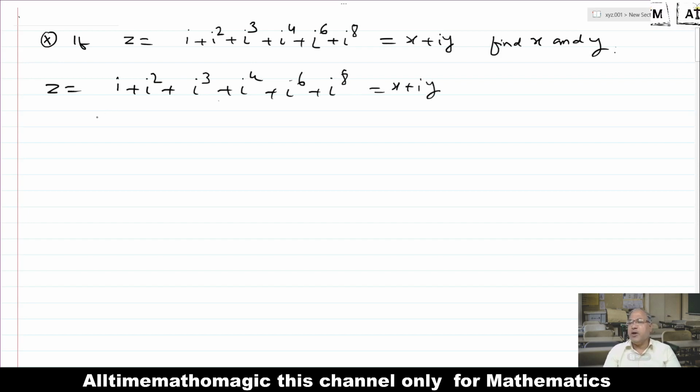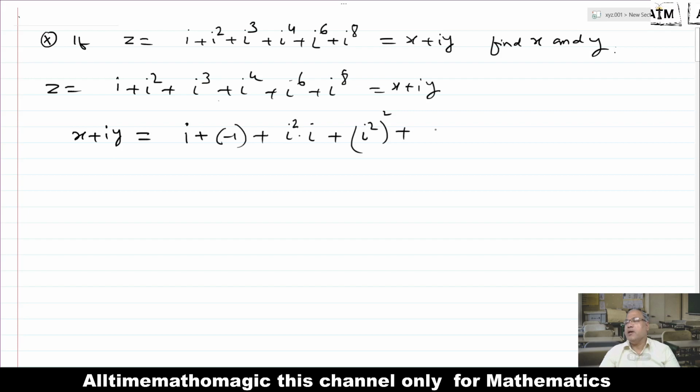We need to find x and y, therefore keep them left side. Then i is i and i square is nothing but minus 1, and i cube nothing but i square into i, i raised to 4 nothing but i square whole square, and i raised to 6 is nothing but i square whole raised to cube, and i raised to 8 nothing but i square whole raised to 4.